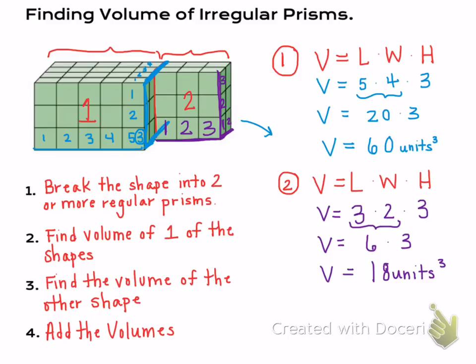So the third thing I'm going to do is add 60 plus 18 to find that the total volume is 78 units cubed. And that is the answer to the volume of that irregular prism.